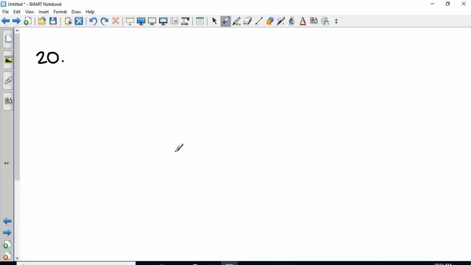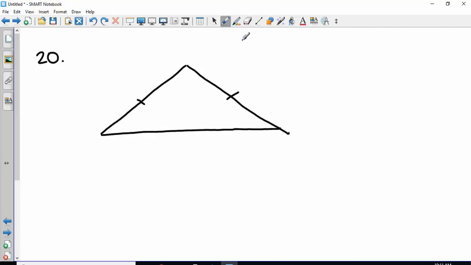So the altitude of an isosceles triangle. What's an isosceles triangle? Triangle with 2 sides. Okay, so I'm going to draw a triangle, 2 congruent sides. What's the altitude? 25 centimeters. Okay, and the altitude is right here. That would form a right angle, and this is 25.